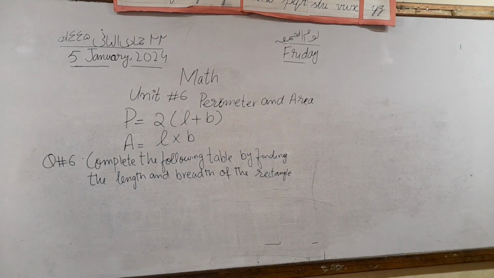In question number 17 and in 18, you have seen that we have length and breadth and we have to find the perimeter and the area.